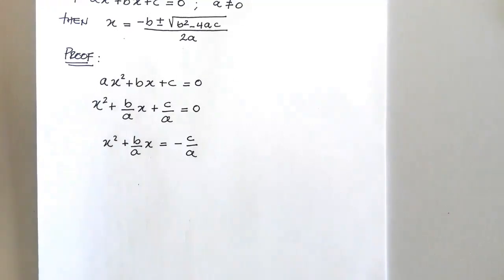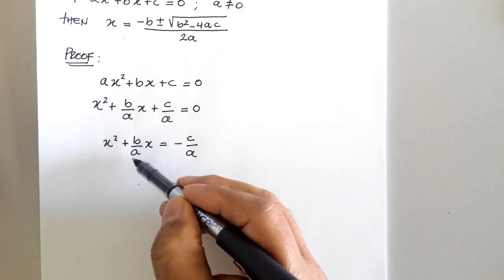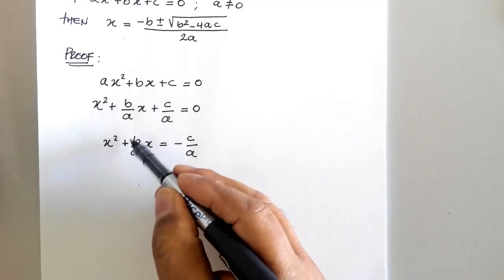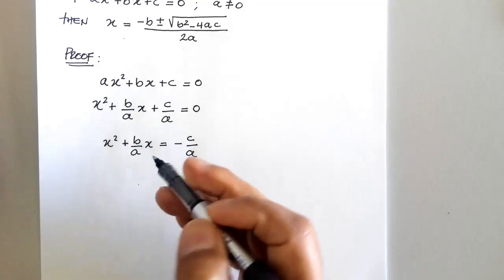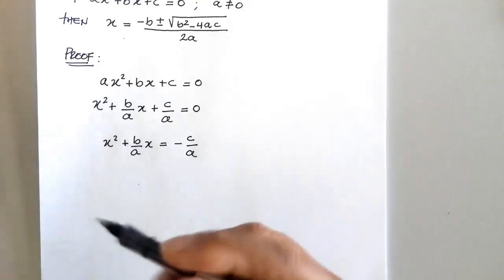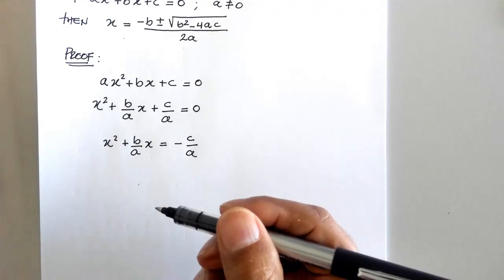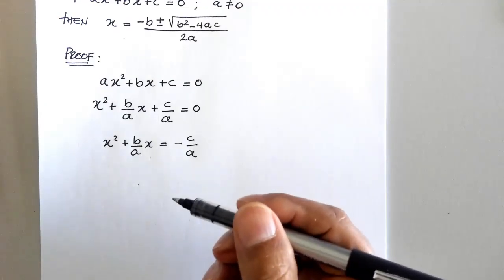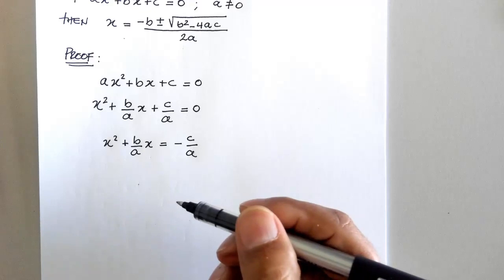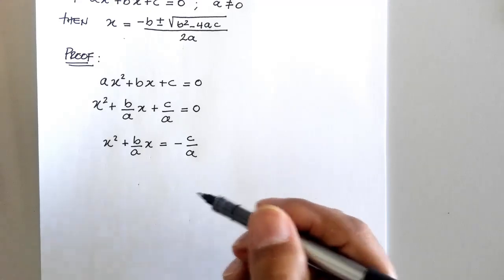That's what we did before by completing the square. But now we are going to divide this by 2. When you divide something by 2, it's like multiplying it by a half. So divide by 2 is equivalent to multiply by a half.